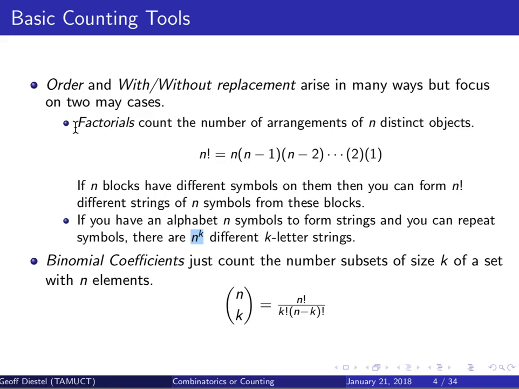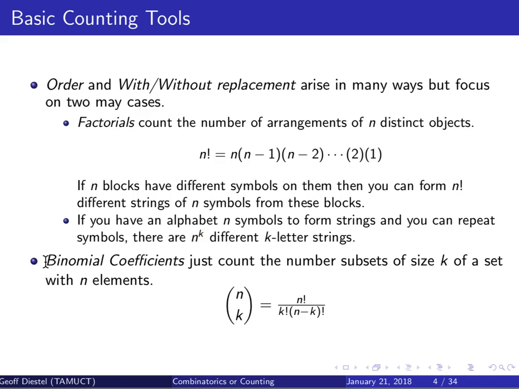So this first bullet point is really just referring to order counting without replacement, meaning after you place something, it's no longer available to be put in another place. And the second type is with replacement. You can always repeat symbols or letters.